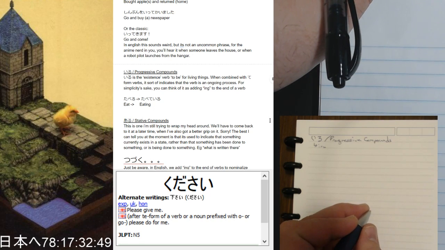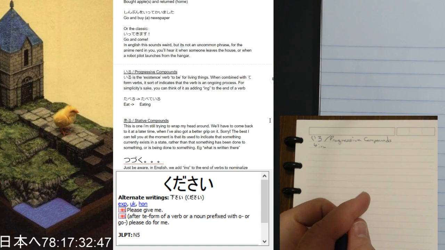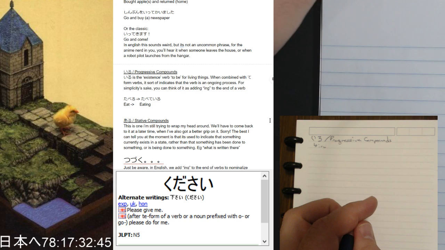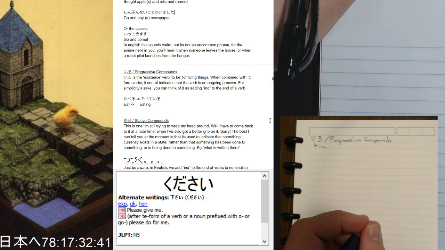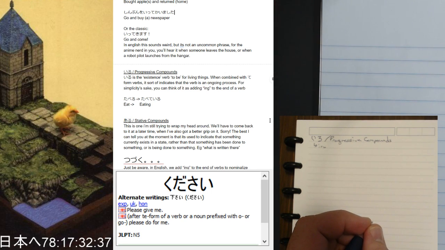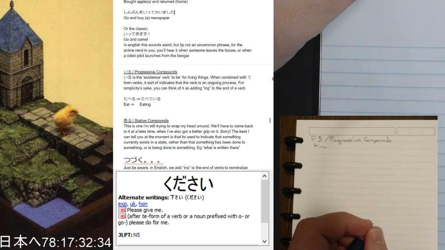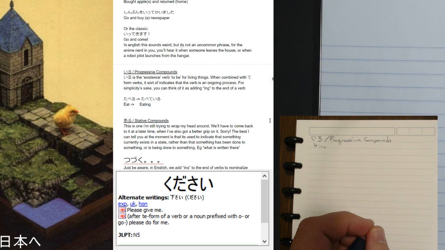So you're in the process of doing something now. Normally when you say taberu or tabemasu, it's I eat. But you're not, I am eating. So to be in the process of eating is tabete iru.